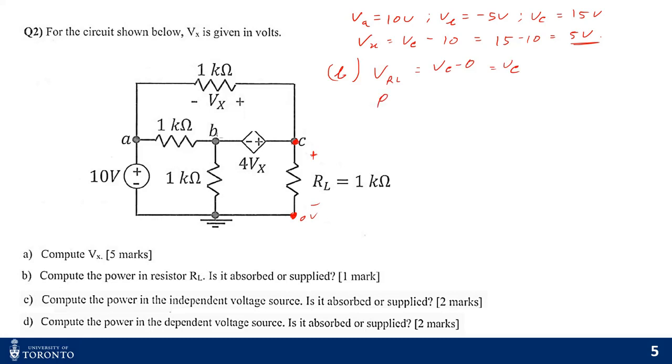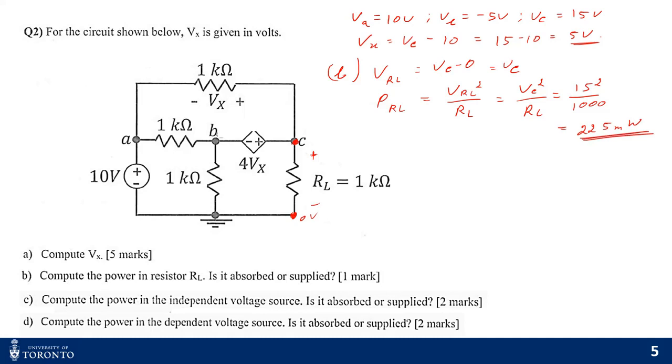If I know my VRL, I can find my PRL, which is VRL squared divided by RL. In this case, it's VC squared by RL, which is 15 squared by 1 kilo ohm. And I find that this power is positive.